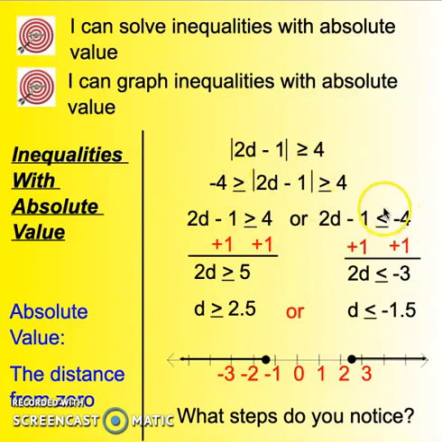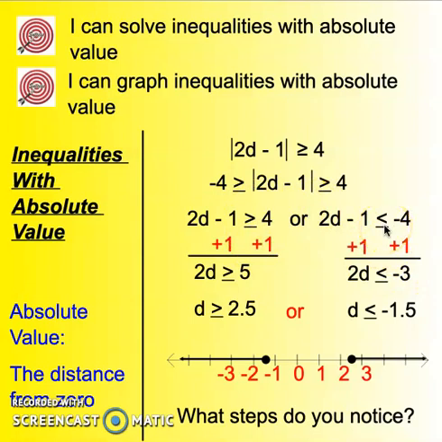That means that my symbol actually flipped, because I also want to consider all the values that are greater than 4 or equal to 4, but I also want to consider all the values that are less than or equal to negative 4, which is the opposite of positive 4. And in the past, we always put an equal sign here, and that's the difference.